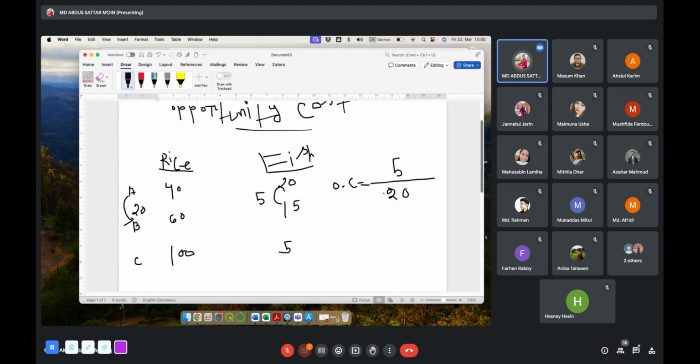Remember, the denominator shows the production of the good which you are increasing, and the numerator shows the production of the good which you are declining. So if you calculate this, the opportunity cost will be 5 divided by 20, which is 0.25. So 0.25 basically means that to produce each unit of rice, you need to sacrifice 0.25 units of fish.